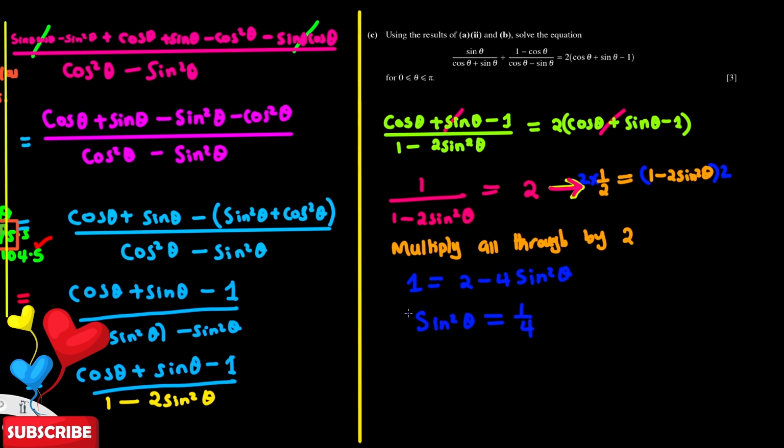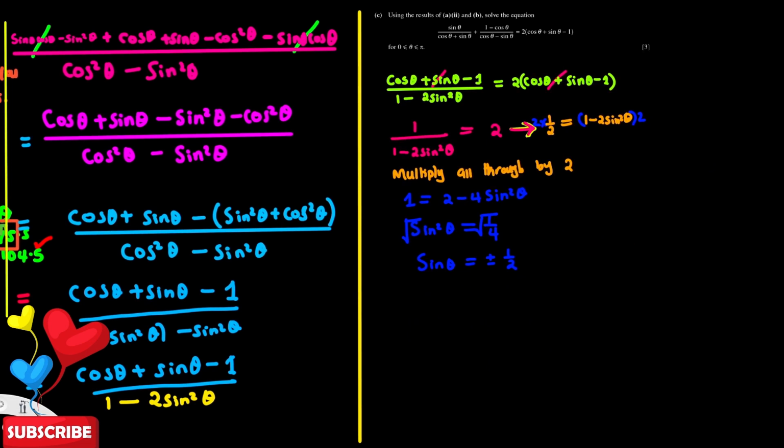And finally, we're going to have this as sine squared theta equals 1 over 4. Then we can find the square root both sides, and then we are going to have sine theta equals to plus or minus a half, which we can say now to solve for sine theta equals to positive a half.